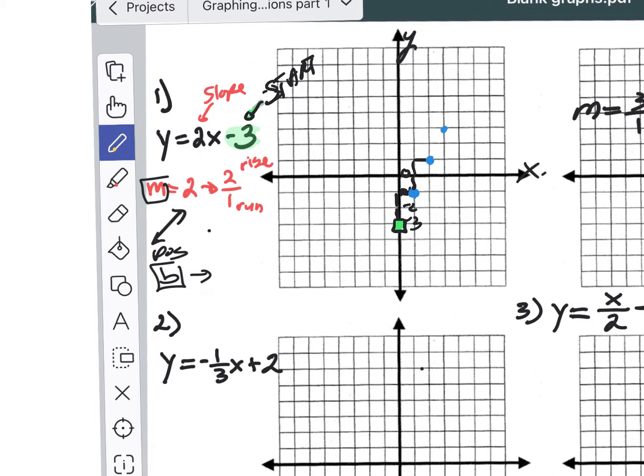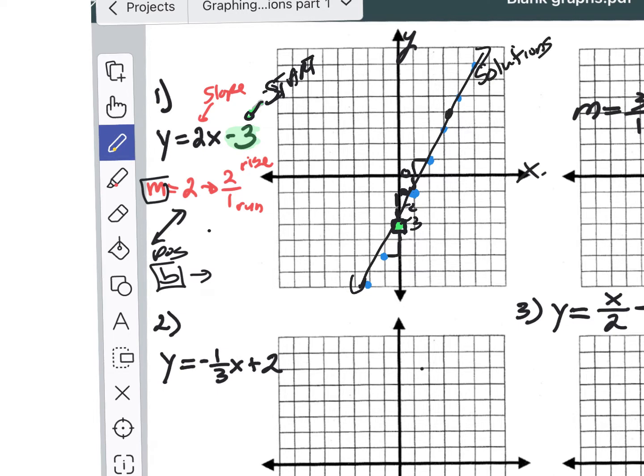That gives you the slant or the steepness of the slope. We can also go back to the y-intercept and go down 2 blocks and over 1, and down 2 blocks and over 1. So here you have your line.